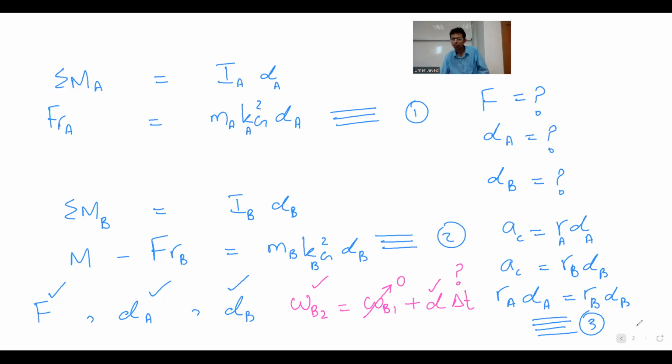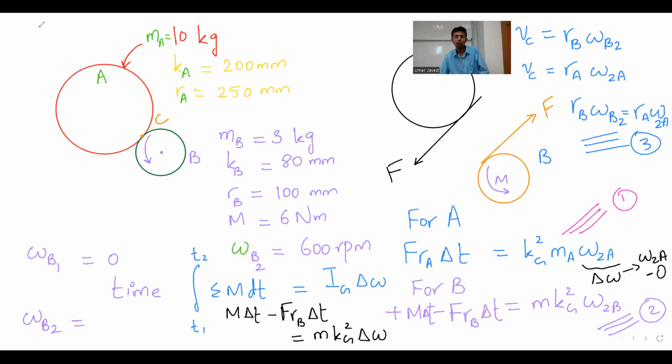What normal forces? Well, they're in contact. There are normal forces, but those are not required. I don't care about them, because at the end of the day, when they are rotating, it's the tangential acceleration and the moment. The normal force will go right through their centers.